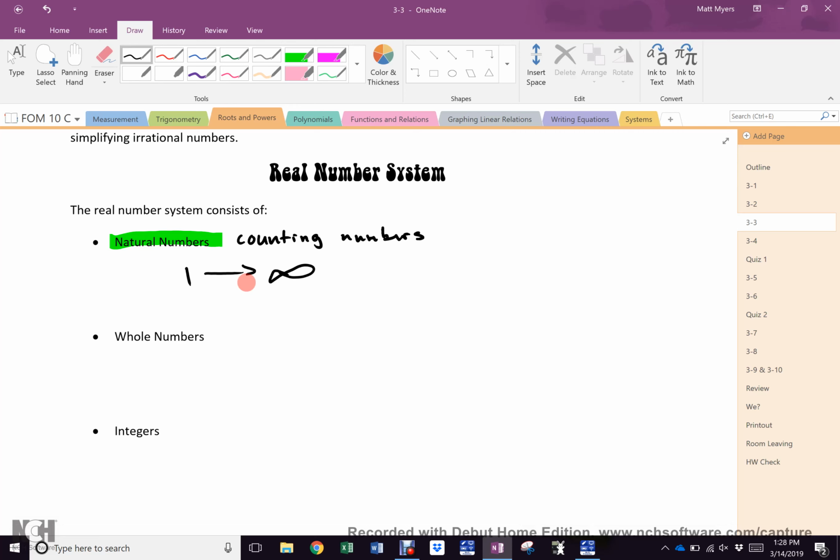Well, we're getting to that too. The whole numbers is the next layer. And the whole numbers consist of the natural numbers. So the natural numbers we remember are 1 to infinity, but we add 0. So the whole numbers, when you hear whole numbers, you immediately think of fractions, right? 4 and 1/5, what's the whole number? 4. -7 and 1/5, what's the whole number? -7.